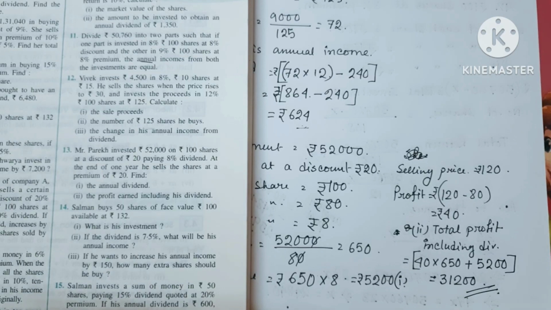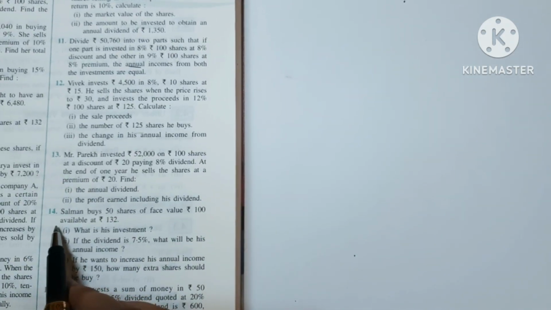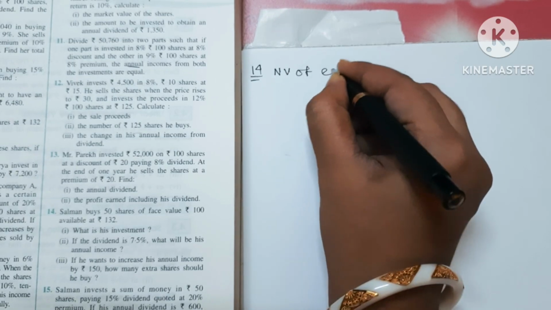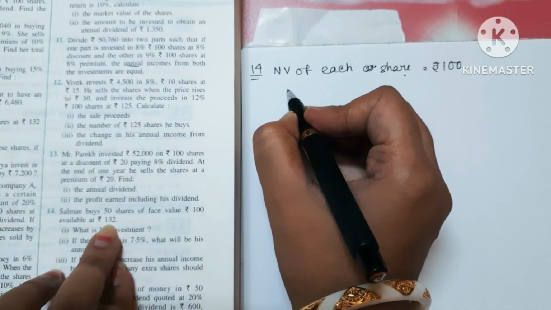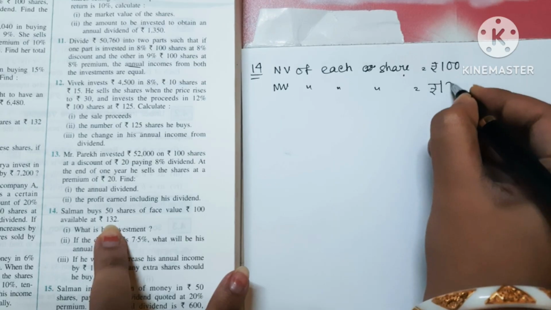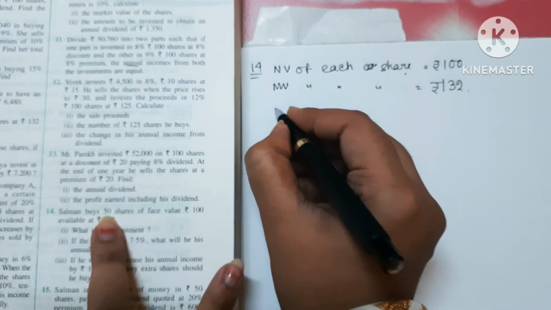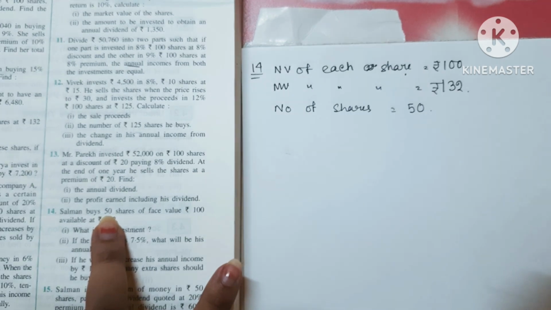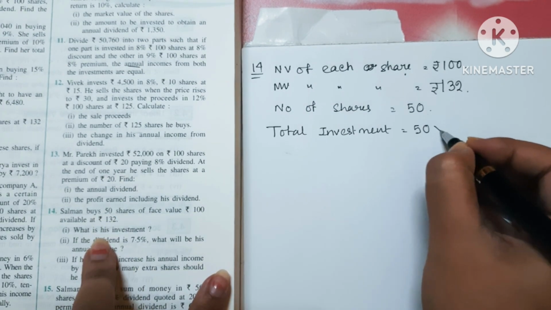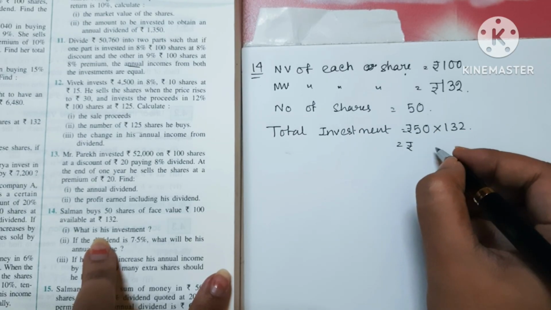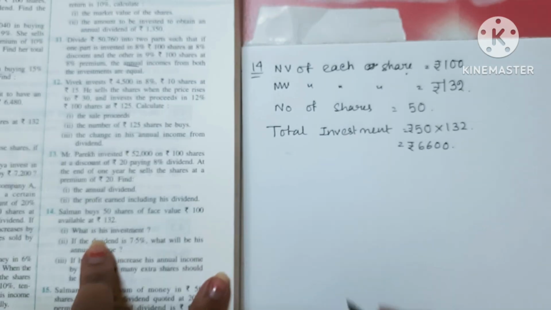Okay. So question 14, Salman buys 50 shares of face value 100 rupees. Nominal value of each share, available at rupees, this one, that means market value of 132. Number of shares 50. Okay. So total investment 50 into 132, 6600. Okay.